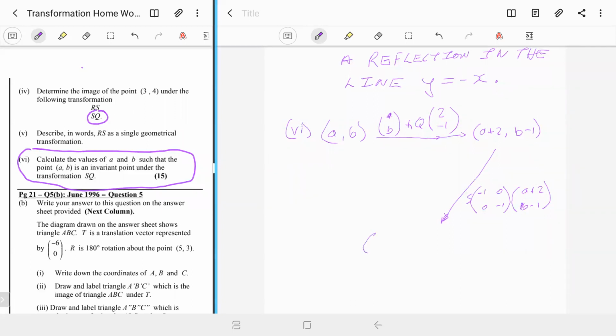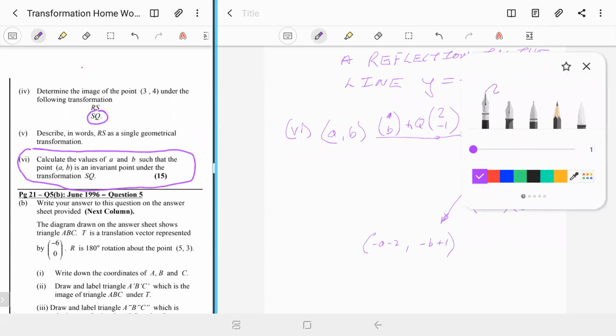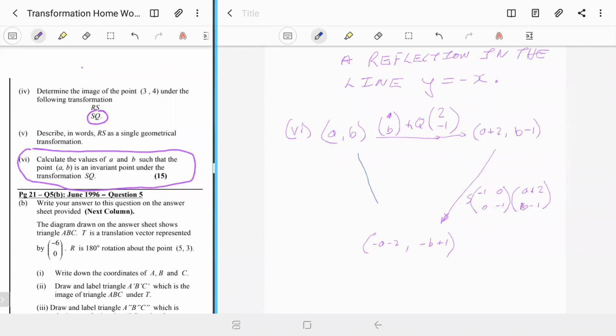So it's going to go to the point minus A minus 2 and minus B plus 1. This is an invariant point, so the 2 points are equal.